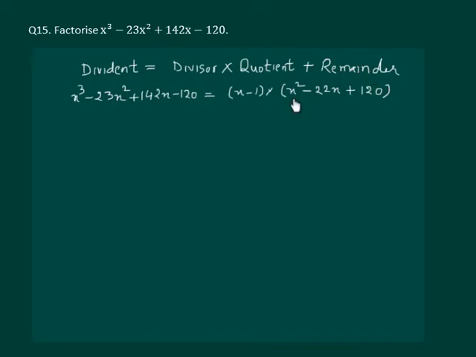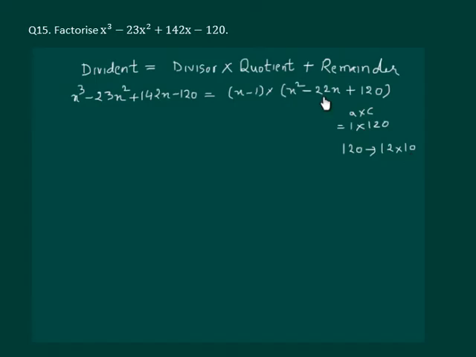Now we can split the middle term for this quadratic polynomial and further find the roots of or the factors of the cubic polynomial. A into C is 1 into 120, that is 120, and that can be written as 12 into 10, whose sum will be 22.